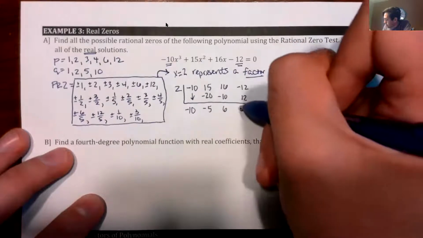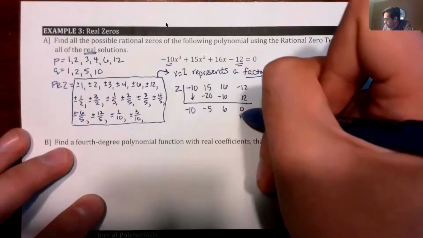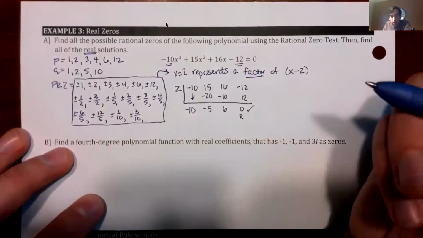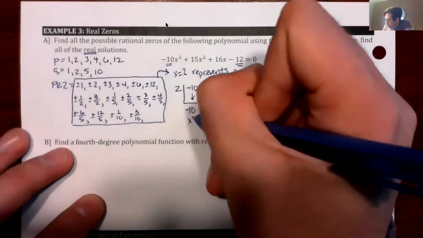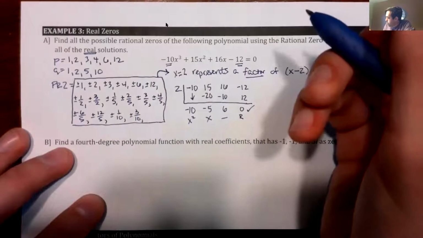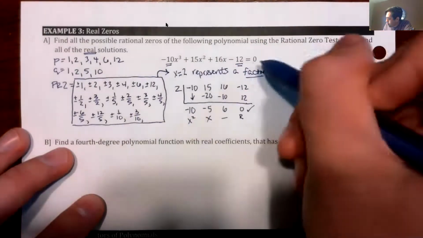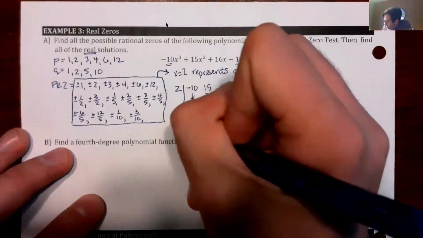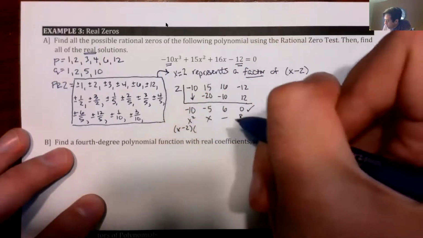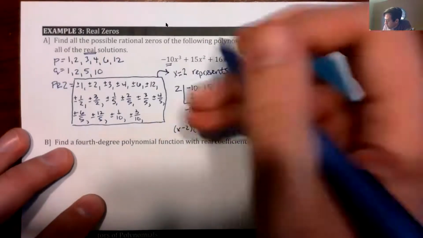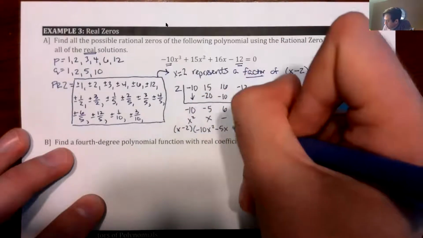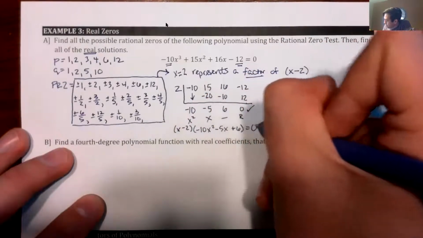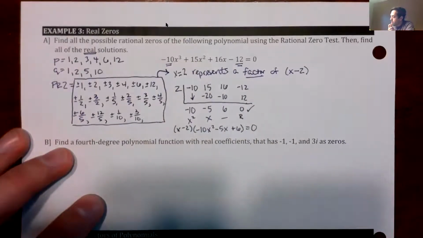Okay, so that's good news. We got a remainder of 0. So it really was a factor. We've got a constant term, an x term, and an x squared term. So this now factored to x minus 2 times this, negative 10x squared minus 5x plus 6. Okay.